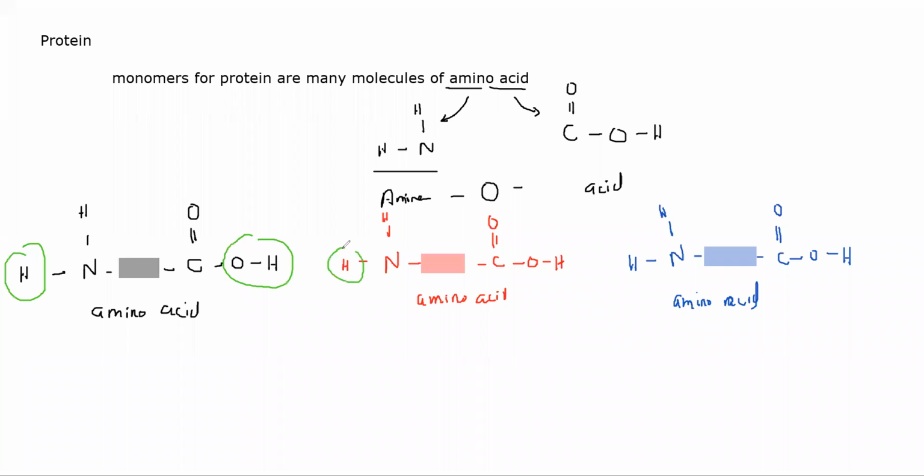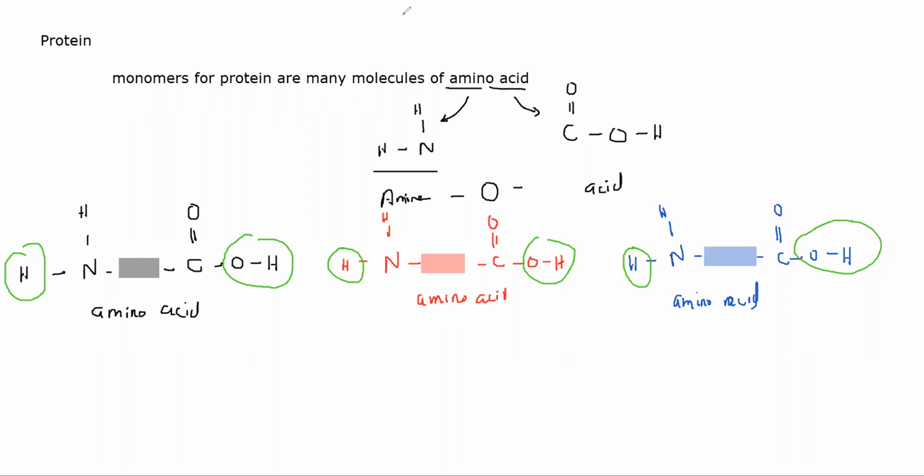So on one side hydrogen is removed and on the other side hydroxide is removed. And this will result in the formation of a polymer, which is known as protein. This is a naturally occurring polymer. That's why we call it a natural condensation polymer.